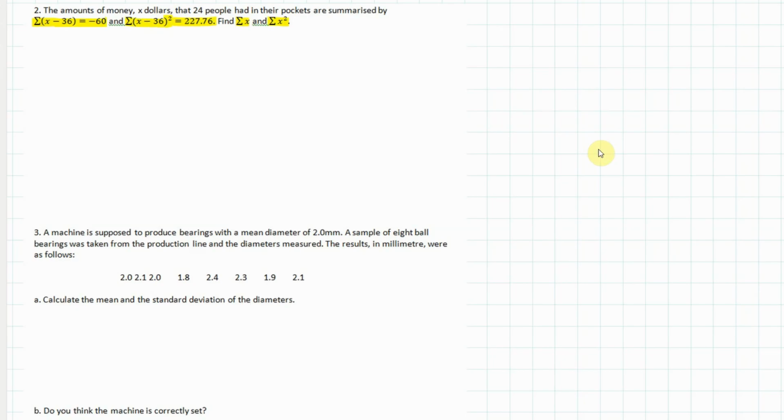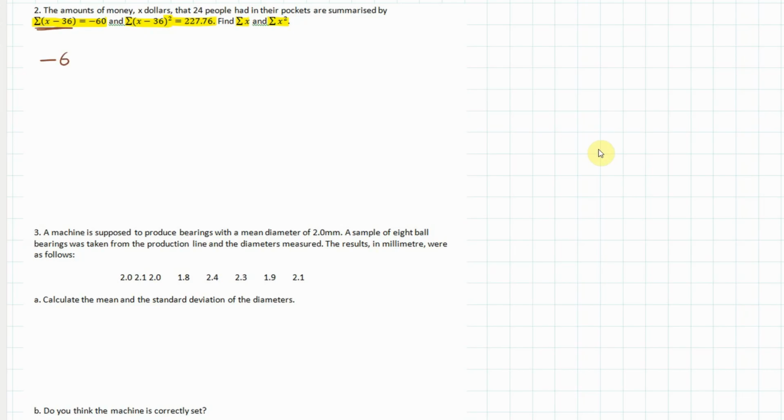Okay, well, what we're going to do here is we know that this bit here means I've taken every single one of those 24 people, I've taken their money and then subtracted 36 from the amount of money that each of them has to get minus $60.